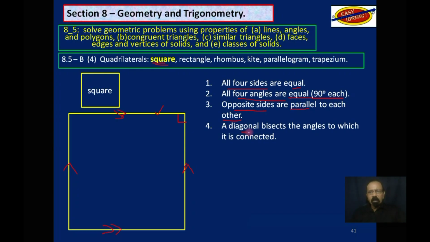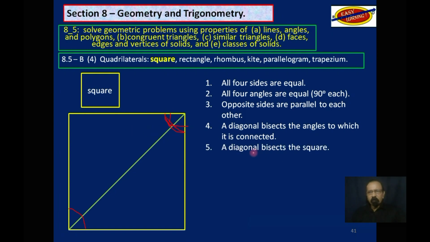Fourthly, a diagonal bisects the angles to which it is connected. So if we draw a diagonal like that, that diagonal bisects that angle into two equal parts, as well as this one down here. So they will be 45 degrees each, because remember we said this angle is 90 degrees.